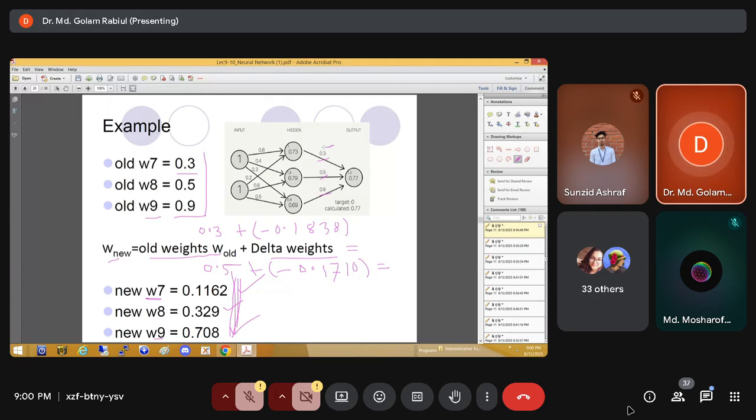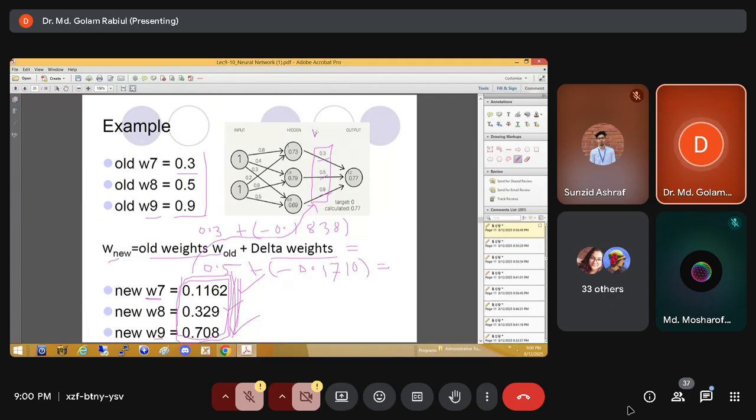So that means in our next iteration, forward propagation, we will not utilize those values. We will use these values, okay, in our next iteration. So these are the updated weights. Updated weights. So that means instead of these, we will utilize these values in our next iteration. So this is how we can update the weights of hidden to output layer.